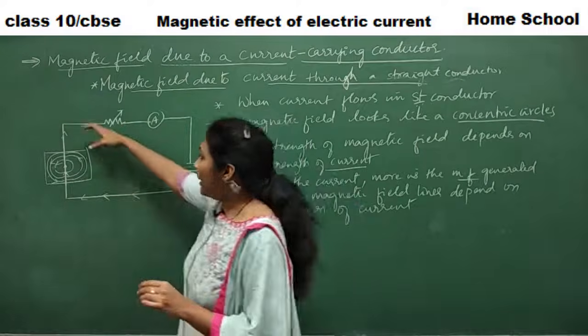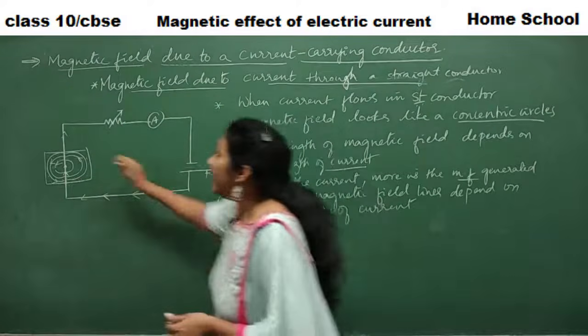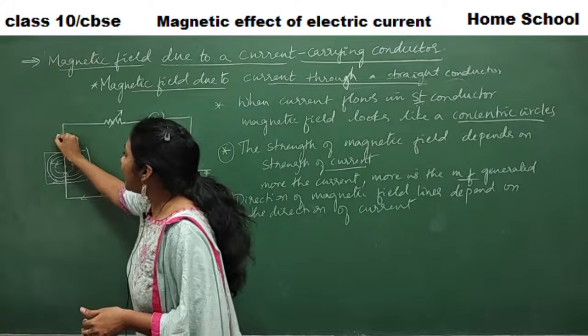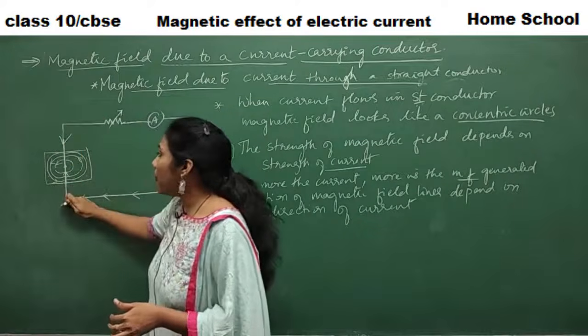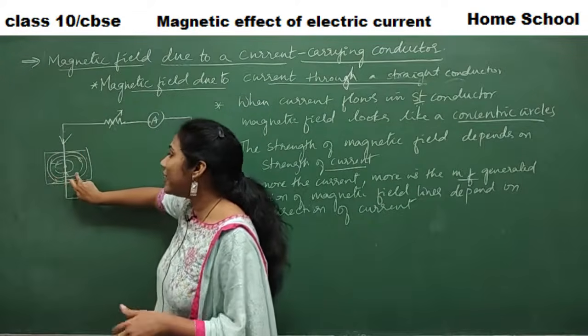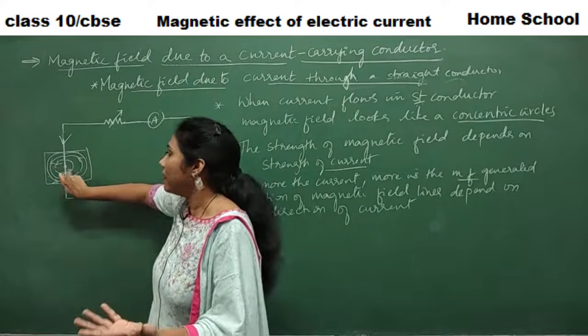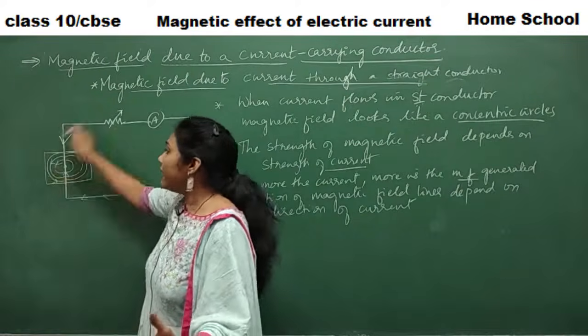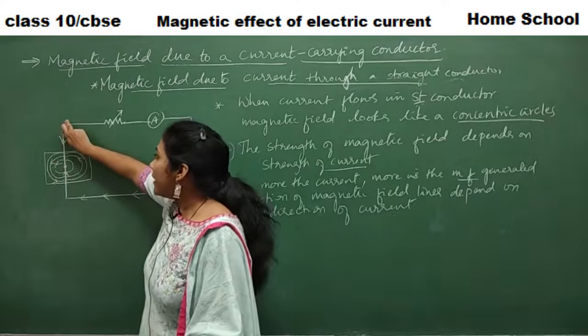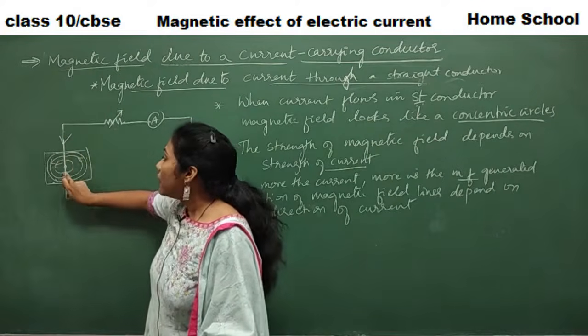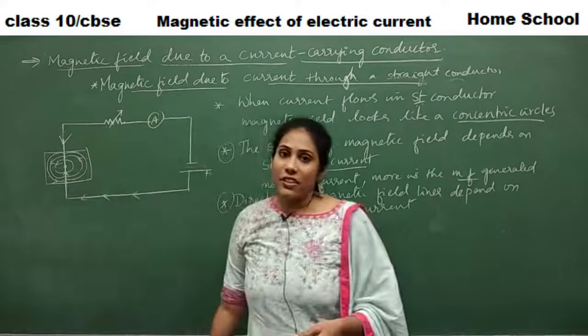The moment you change the direction of a current, in case the current direction is from top to bottom, then the direction is not anti-clockwise for the field lines. It reverses. When a current moves from top to bottom, the field lines will move in a clockwise direction.